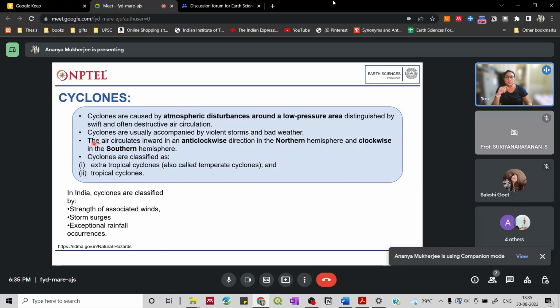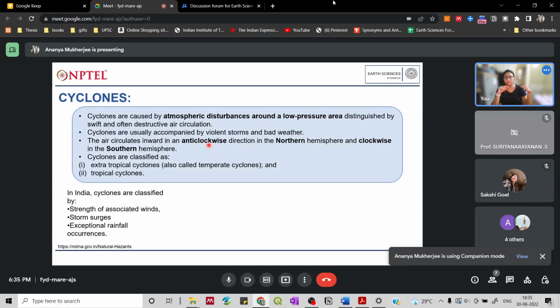Cyclones are usually accompanied by violent storms and heavy rainfall. The gusts of wind are so violent that we have seen images of trees getting uprooted. They travel pretty far distances and then they are thrown off. So, these are some of the characteristics of cyclones.